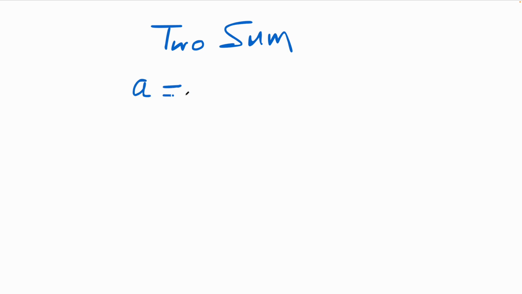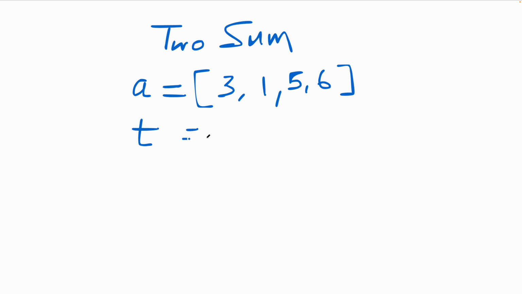Let's say A is an array and we have four elements inside A, which are 3, 1, 5 and 6. And we are supposed to find any two elements which can add up to a target, which we are naming T, of 9. So if you can see here, 3 and 6 lead to the sum of 9.